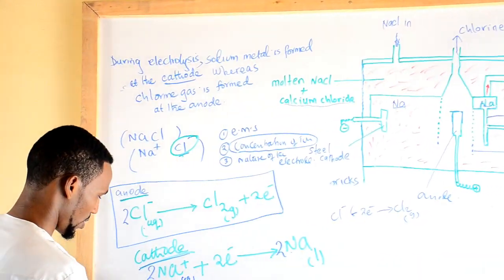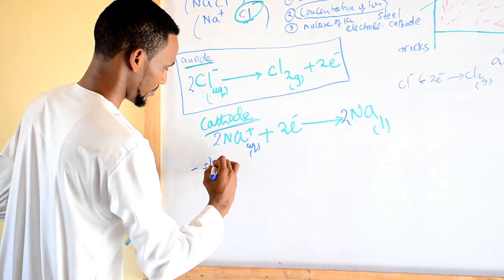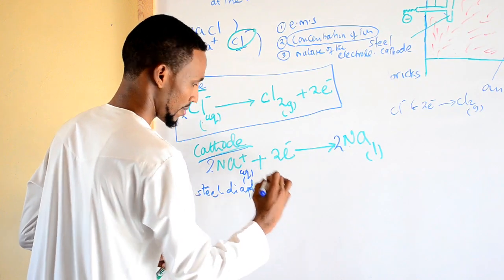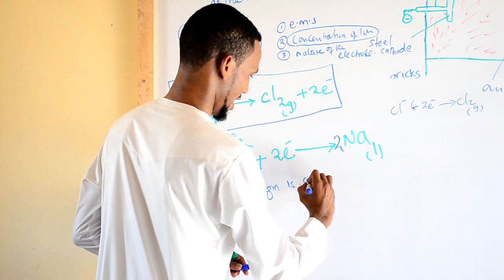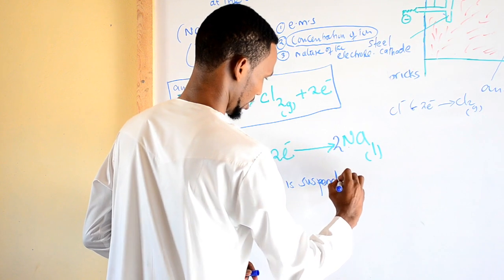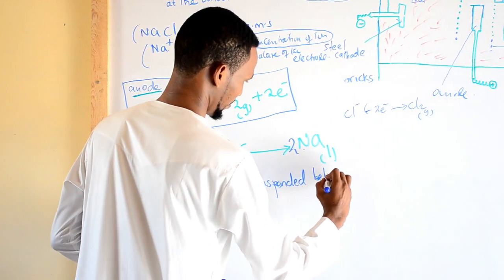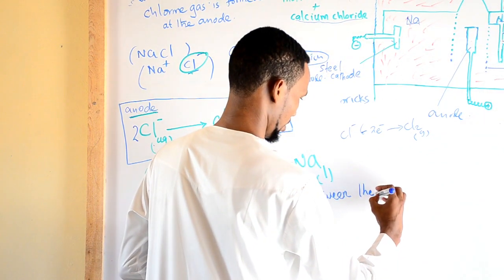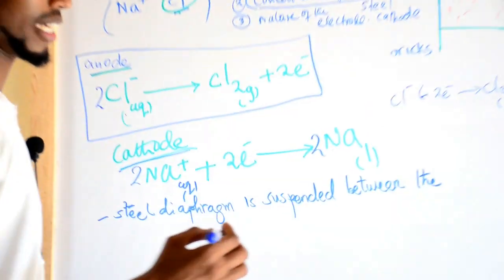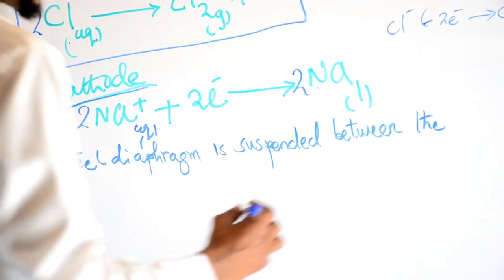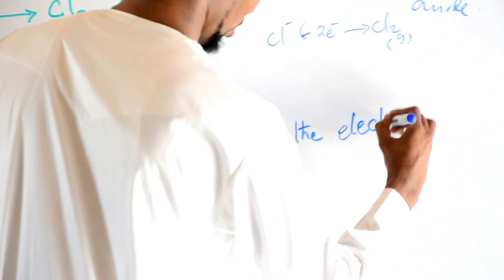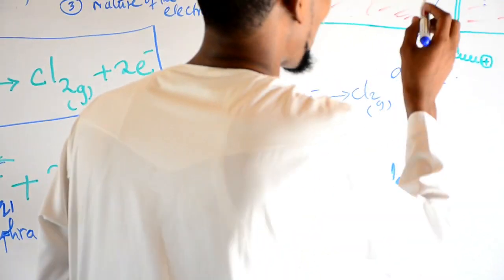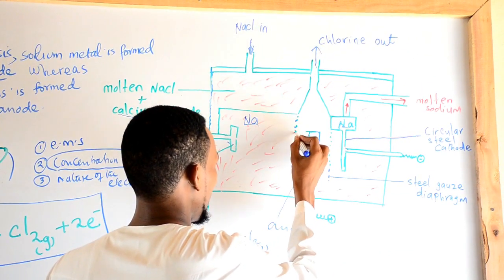And next one, now the last one, steel diaphragm. Steel diaphragm is suspended between the electrodes. The steel diaphragm is here; these dots here are what we're talking about.